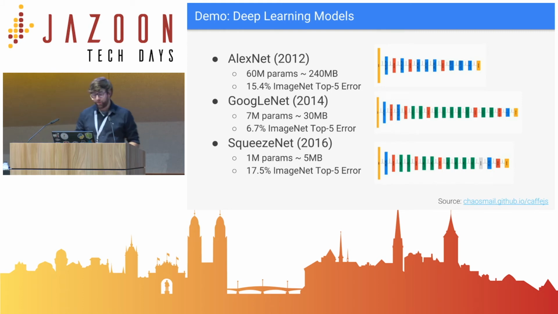Fortunately, there's also some effort going into making the models smaller. They even make them deeper, but they can also make them smaller at the same time by using some efficient structures. For example, the GoogleNet architecture uses only 7 million parameters, compared to 60 million. That's quite a good improvement.